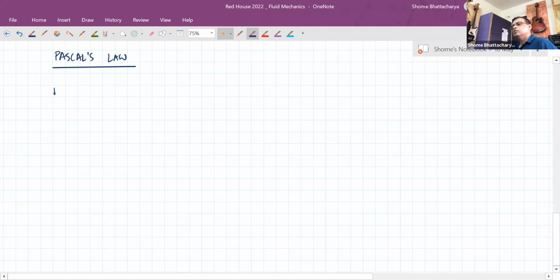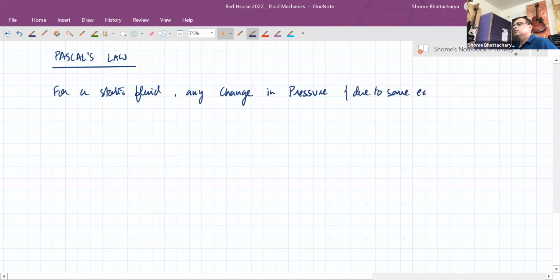So for a static fluid, any change in pressure. Now, obviously, this change in pressure is due to some external effect. So this one is transmitted uniformly to all points inside the fluid.